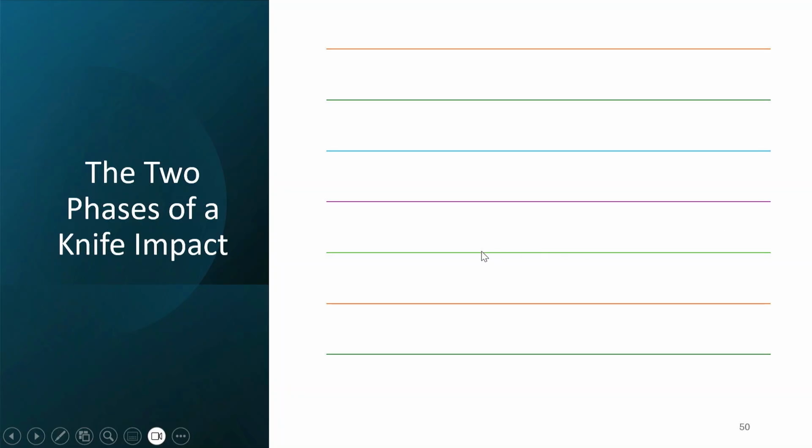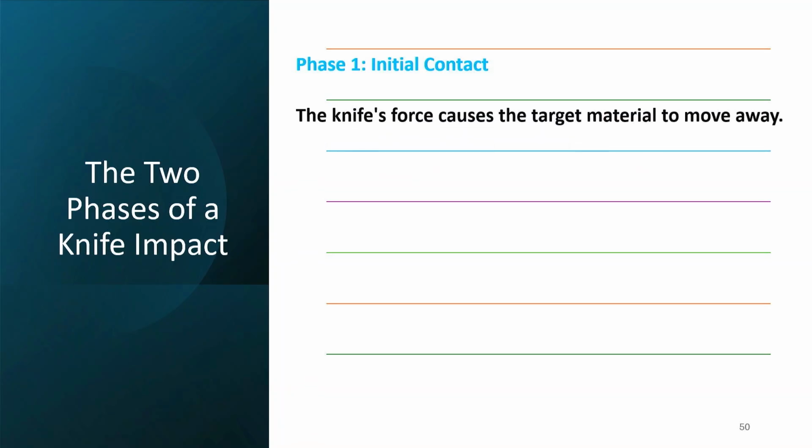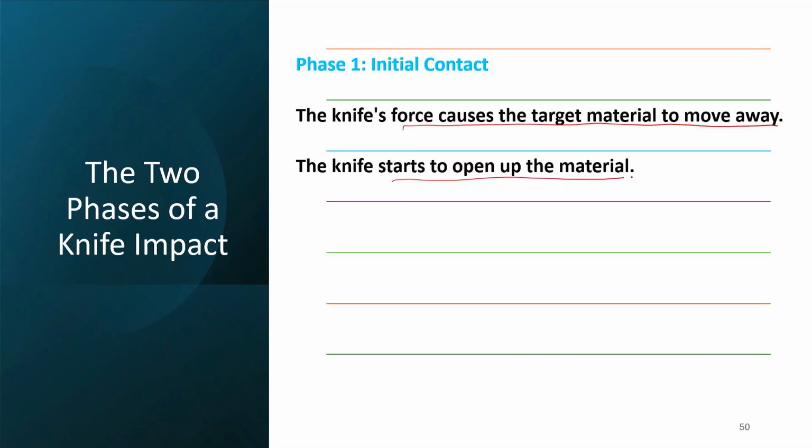The two phases of the knife impact. Phase 1 is the initial contact, where the knife's force causes the target material to move away. The knife starts to open up the material, and the material begins to blunt the knife point.